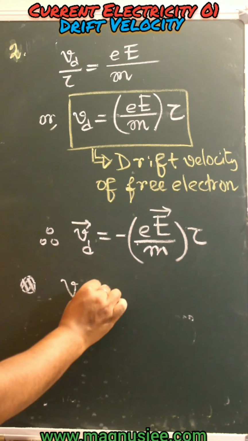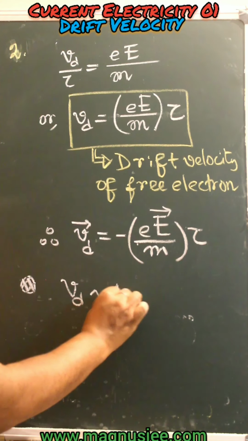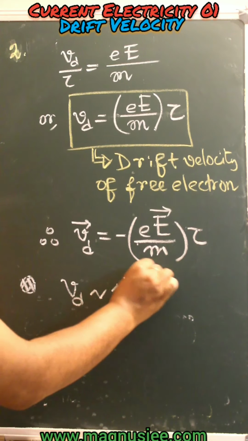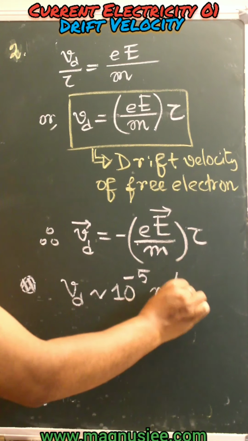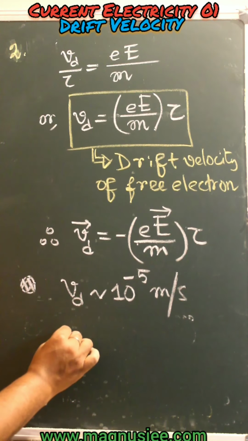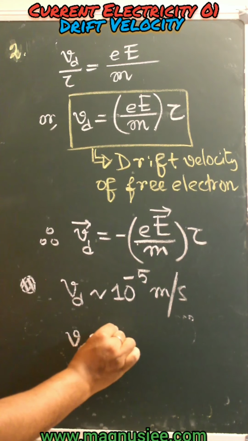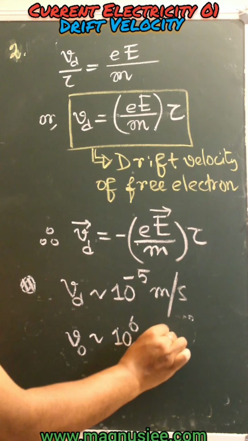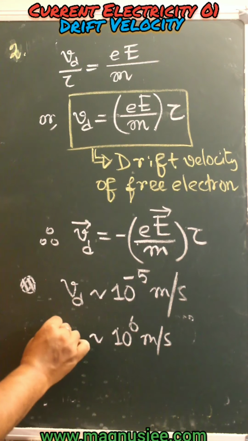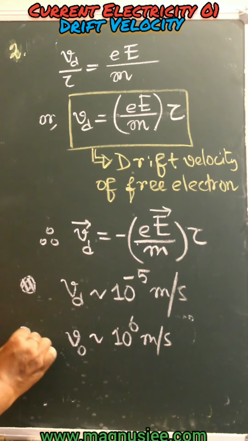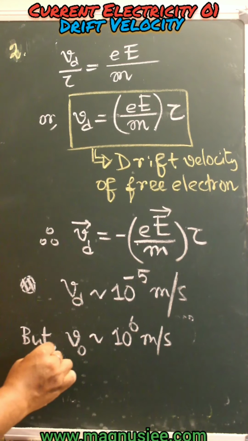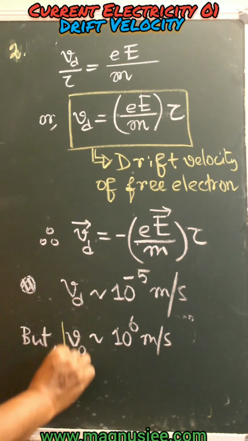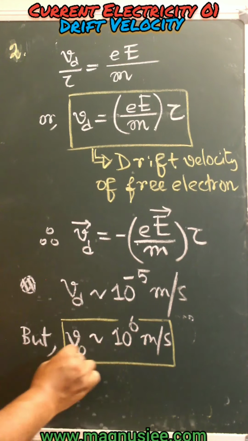What is the order of drift velocity? Vd is of the order of 10 to the power minus 5 meter per second, which is a very small velocity. But the orbital velocity of a bound electron revolving around the nucleus, V0, is of the order of 10 to the power 6 meter per second.